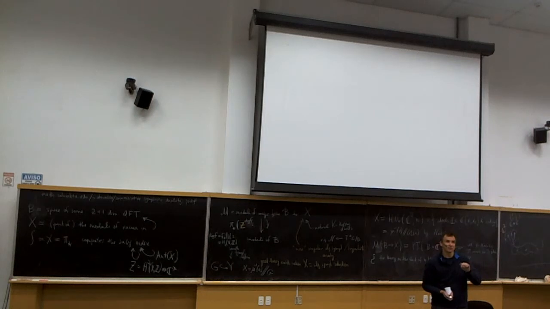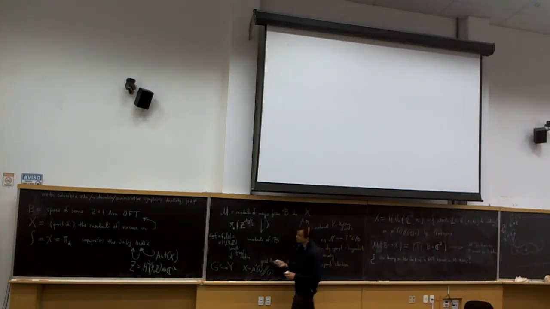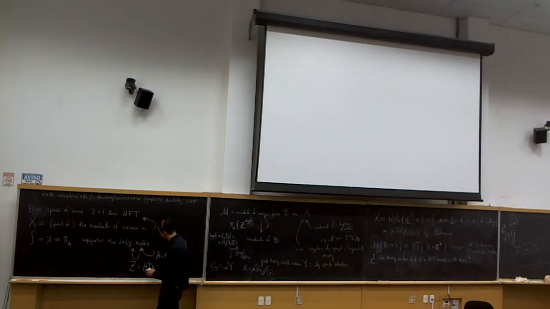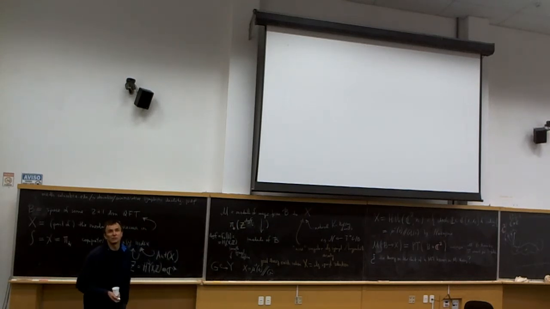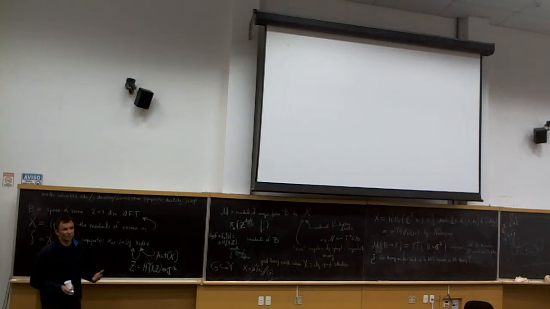In principle, it is a representation of everything, but very often in computation we just restrict to a maximal torus and don't worry about the rest. So if you have a K theory of an algebraic group, you might as well restrict to the maximal torus.